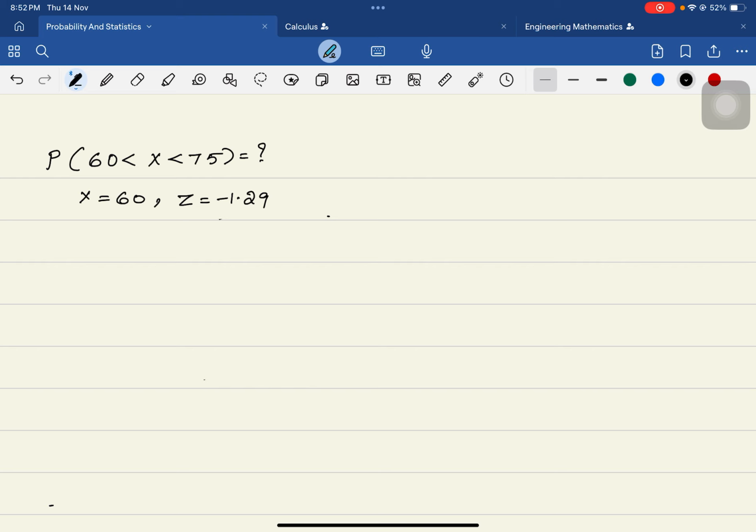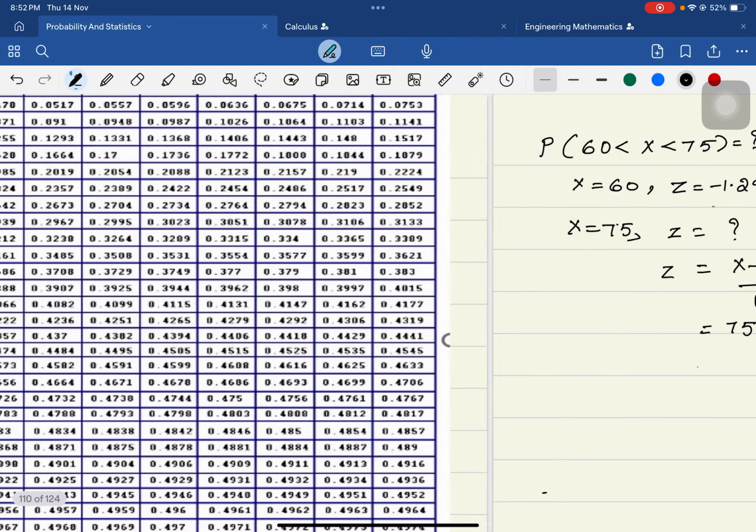Now, next is when you take x is equal to 75, what is the corresponding value of z? This we are going to find out now. So, what is the value of z according to the standard normal variate? Z is equal to x minus mu over sigma. Now, what is x value here? 75. And what is mu we have got?